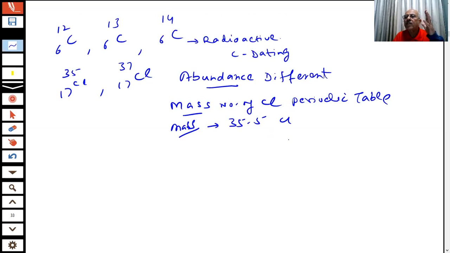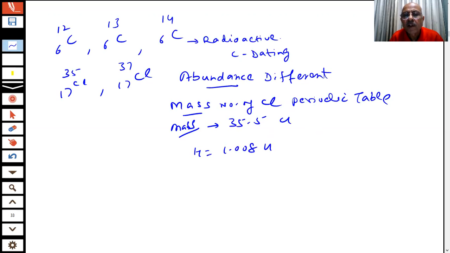Because protons and neutrons cannot be in fractions, but you are getting 35.5, and others also in fractions. Sometimes for hydrogen they write 1.008 u.